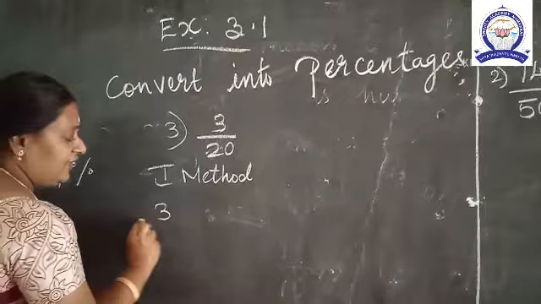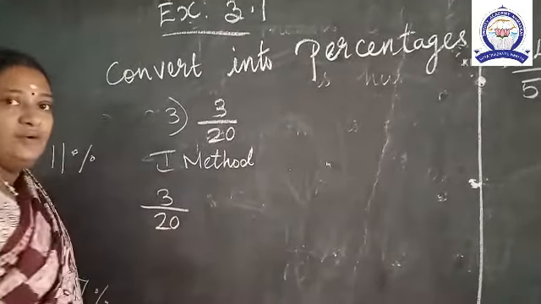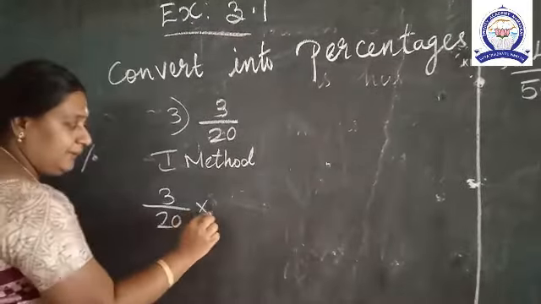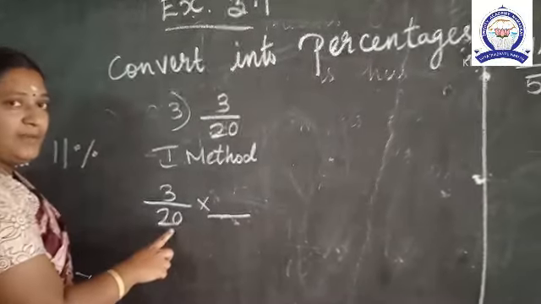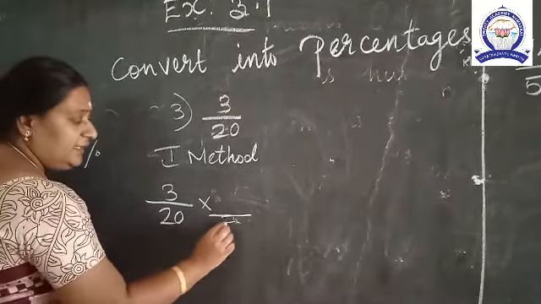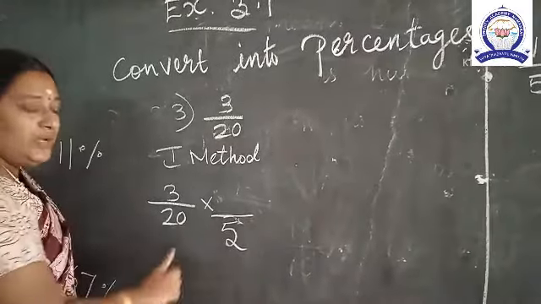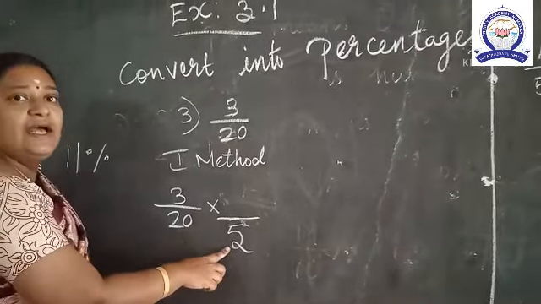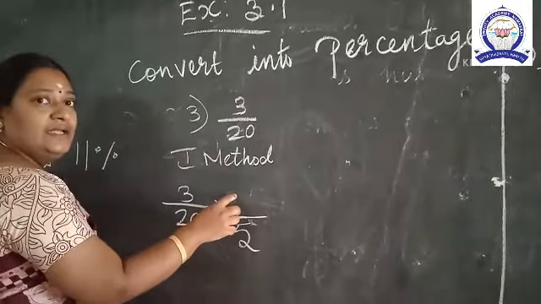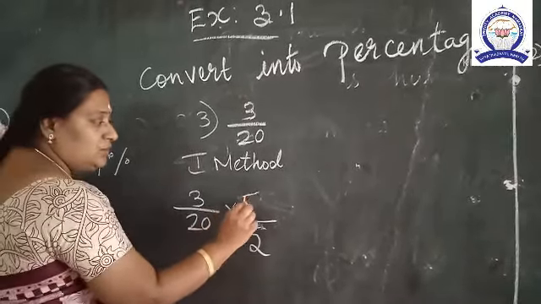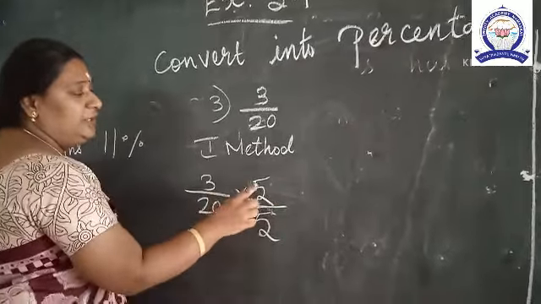You write the given fraction. You have to multiply the denominator and the numerator by what number? 20 into 5, you will get 100. So the same number you have to multiply in the numerator also, 3 into 5.